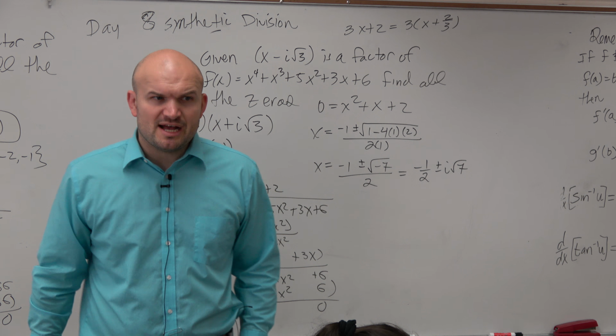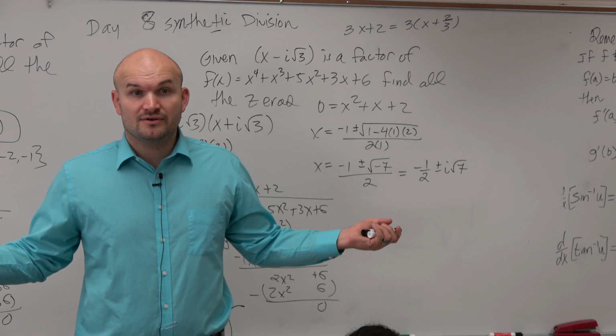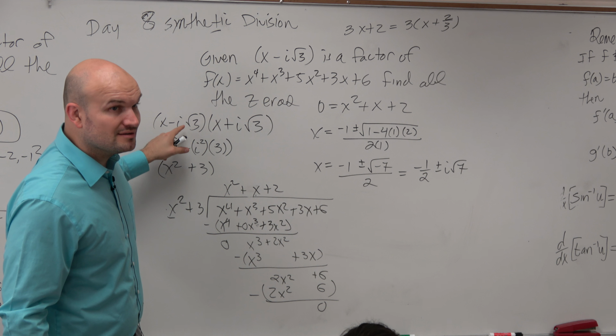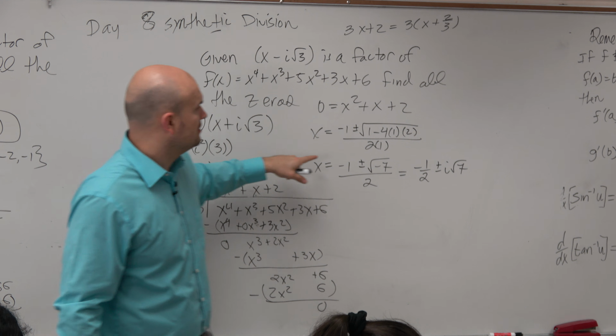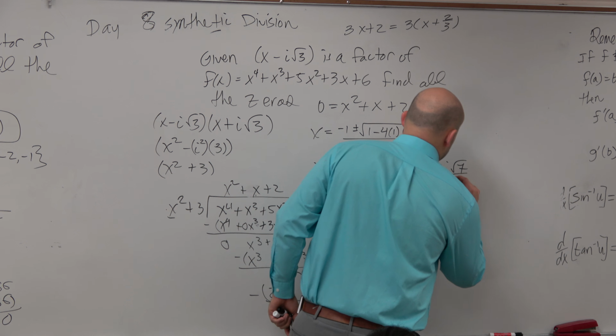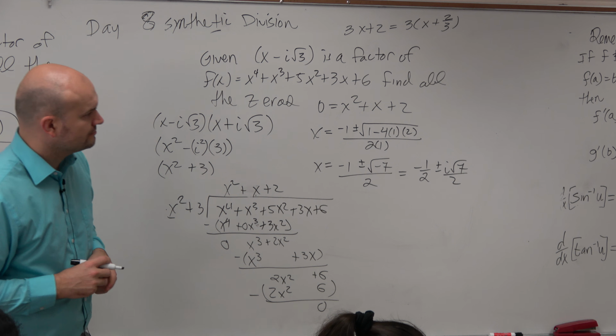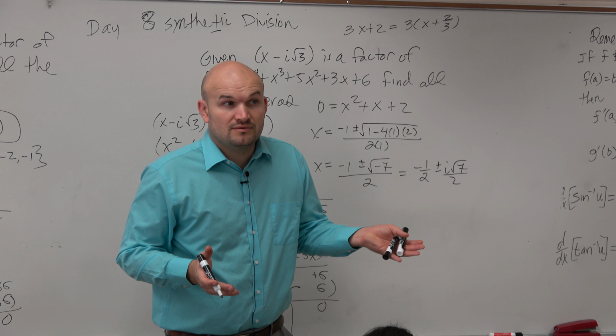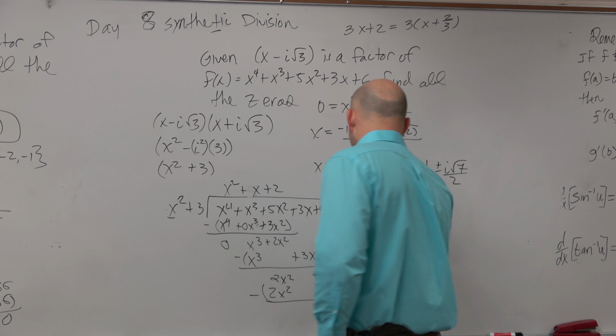All of our zeros are imaginary. But how many of them do we have? Plus or minus, plus or minus. Yes, did I make a mistake? Yeah, I forgot the 2. Thank you. Good catch. But we have 4. And how many zeros are we supposed to have? 4, right?